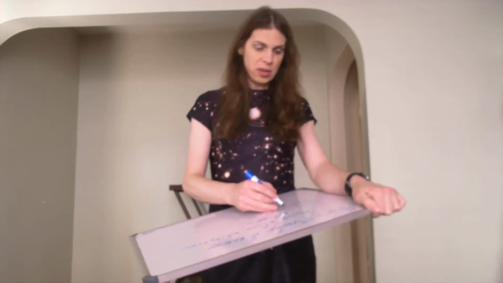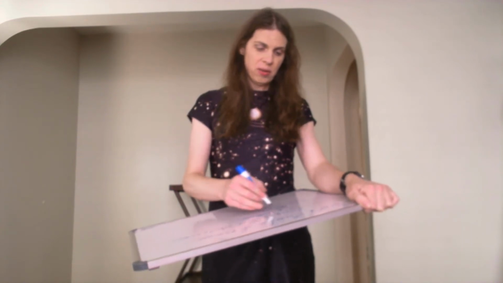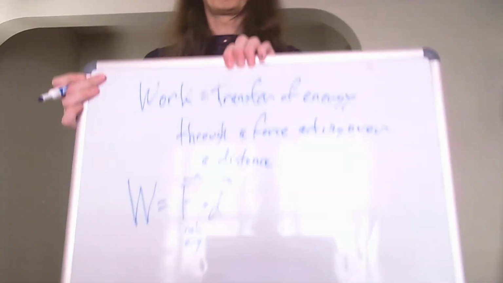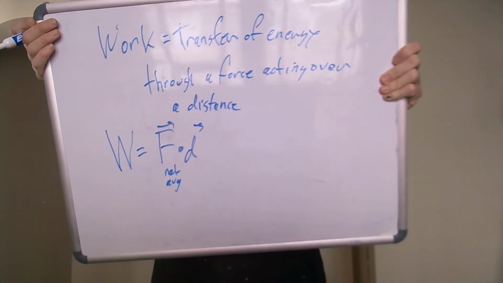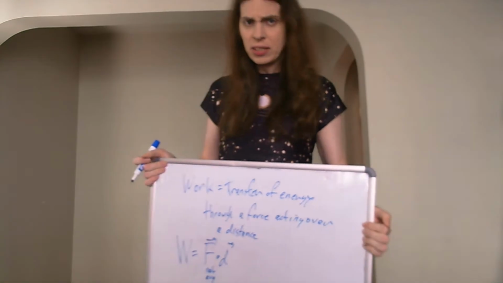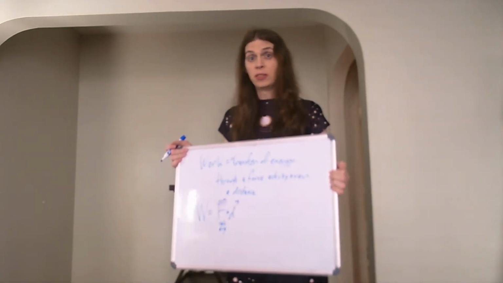W for work is net average force times the distance over which it acts. And they have to be lined up in the same direction, the force and the distance.